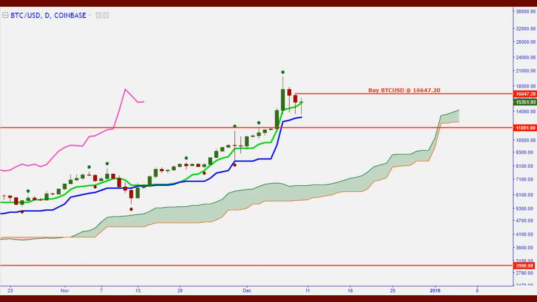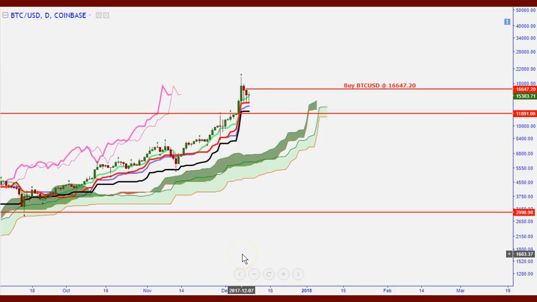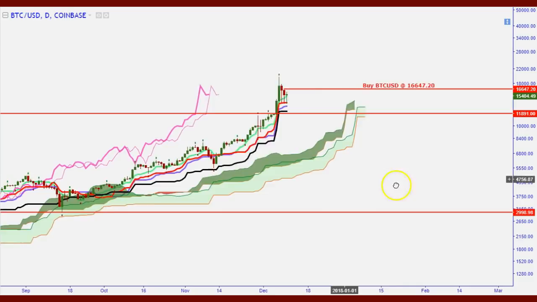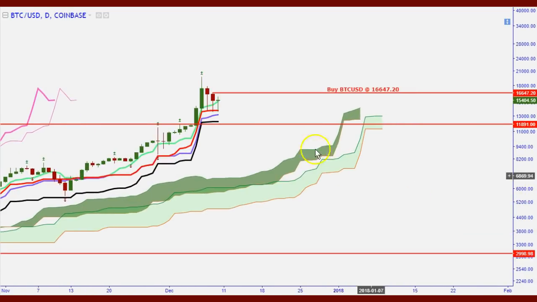Okay, so I have put two Ichimokus on the chart. One of them is just the default settings, and the other is going to be the settings of 20, 60, 120, and 30 displacement. The darker green is going to be the normal default settings.